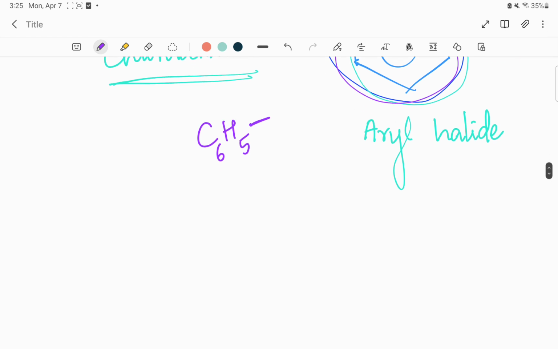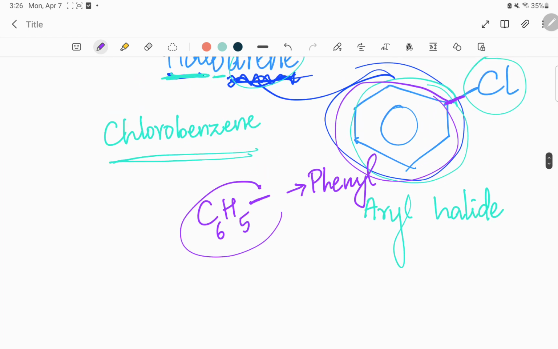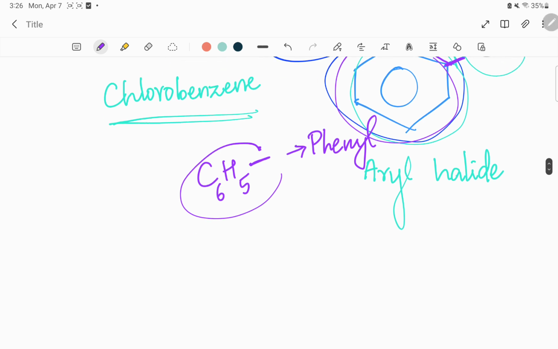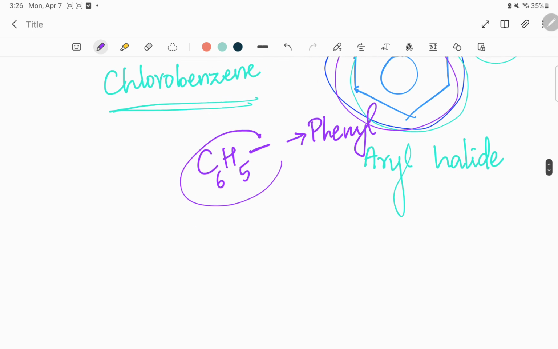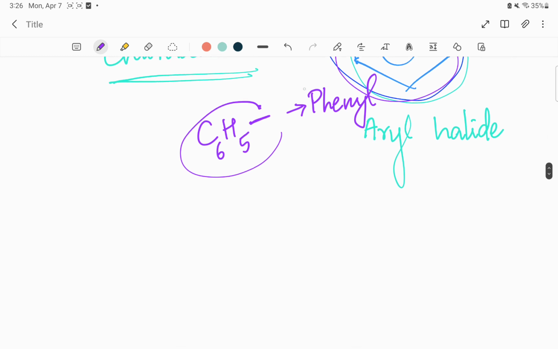You have studied that benzene as a substituent is known as phenyl. So commonly many people make the error of considering this to be benzyl. Benzyl is not this. When we say benzene is a substituent, we always use the term phenyl.